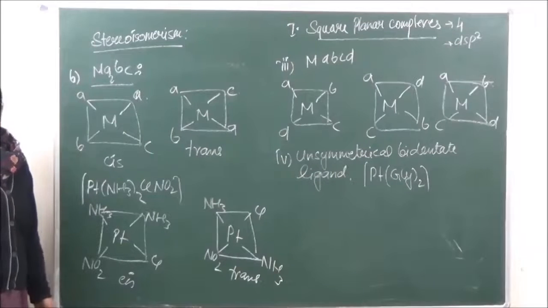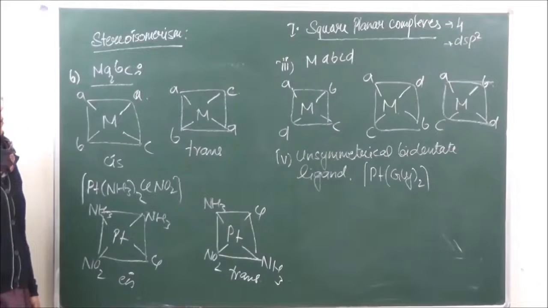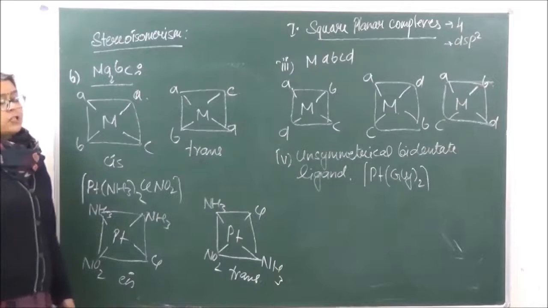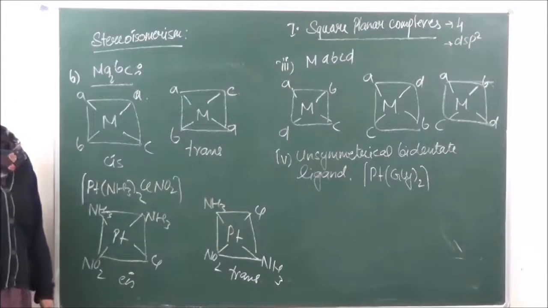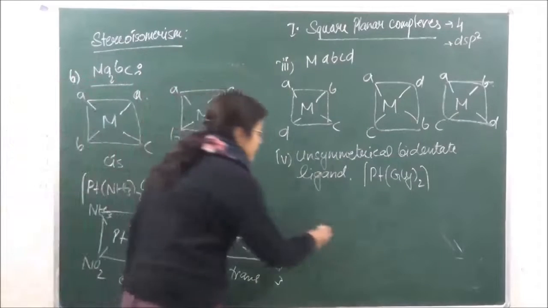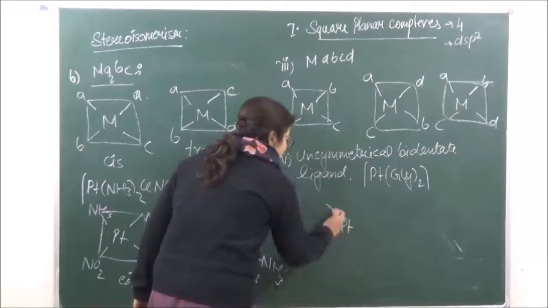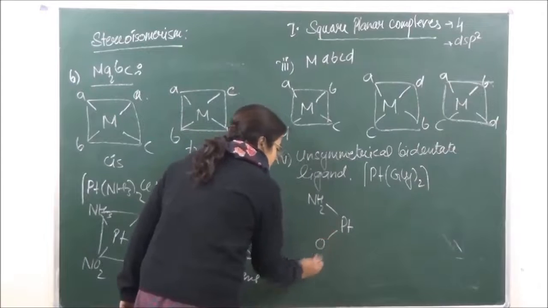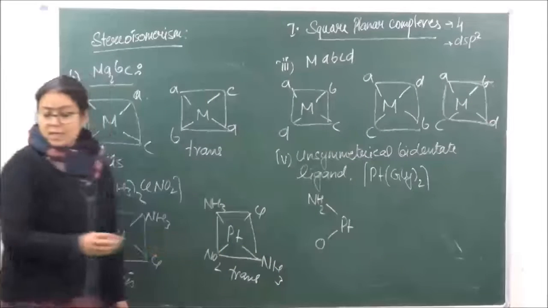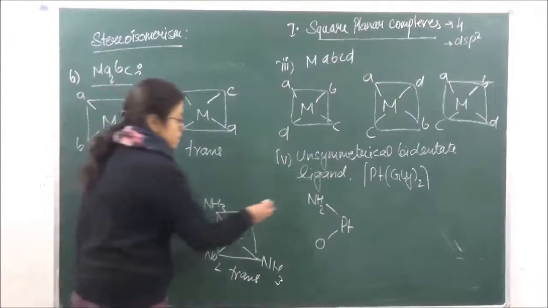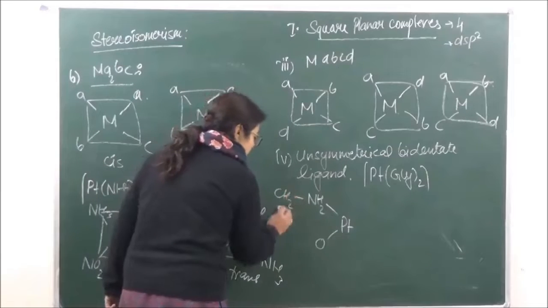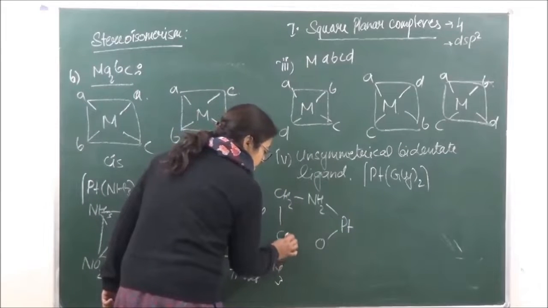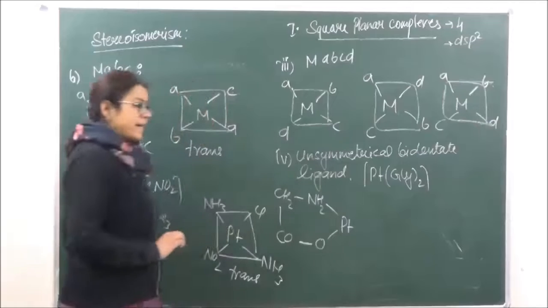Now in this case, the joining of the same ligands, if it is on the same side, then it is going to be cis. Like for example, you know what the glycinate ion is, na? We have NH2, this is the glycinate ion, right?